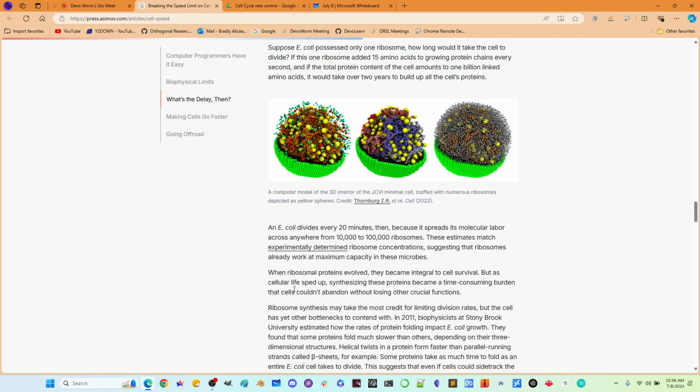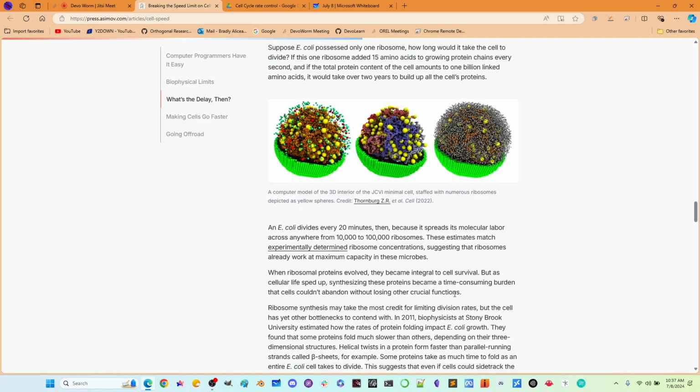But as cellular life sped up, synthesizing these proteins became a time-consuming burden that cells couldn't abandon without losing other crucial functions. So this is interesting because cells can do other things, right? Like an E. coli could do other things. But the imperative is to divide. So as its imperative is to divide, it devotes all of its resources to the mechanisms for dividing.